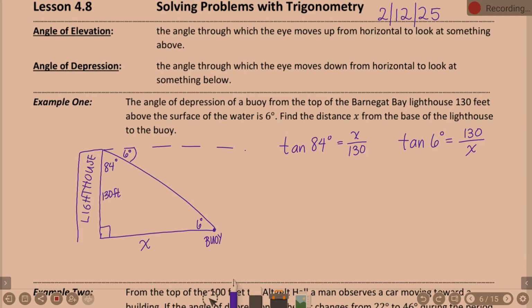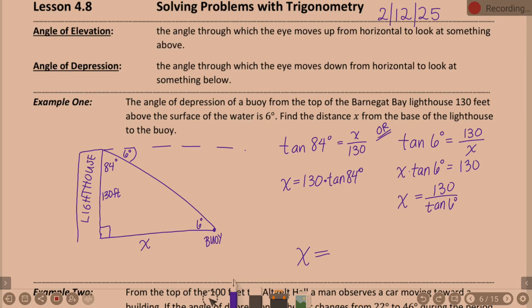You're either multiplying the 130 over, so x is 130 times tangent of 84 degrees, or you multiply the x over, so x times tangent of 6 degrees is 130, and x is 130 divided by tangent of 6 degrees.